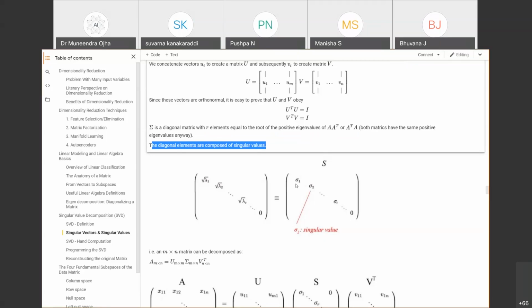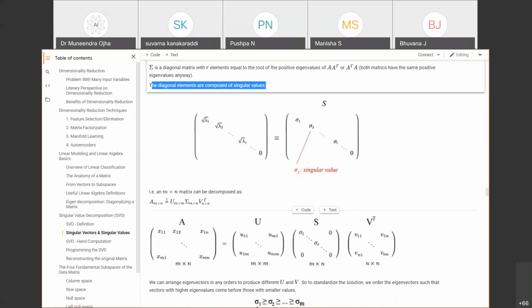Singular values are the square roots of eigenvalues. If we have lambda 1, lambda 2, up to lambda r, they are arranged such that the first singular value is greater than sigma 2, sigma 2 is greater than sigma 3, and so on, such that sigma r is greater than sigma r plus 1, and finally we have the minimum singular value, or 0 if it is missing.